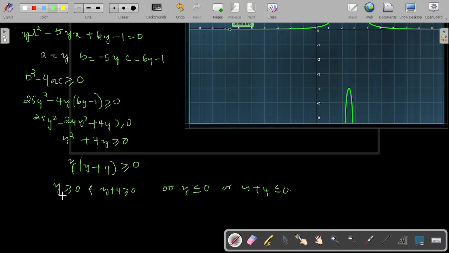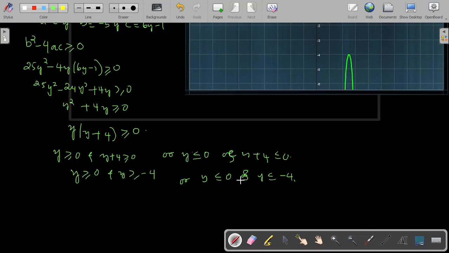So, y ≥ 0 and y ≥ -4, or y ≤ 0 and y ≤ -4. You have to simplify this and find the common solutions. Greater than or equal to 0 means this portion, greater than or equal to -4 means this portion. The common region is y ≥ 0.